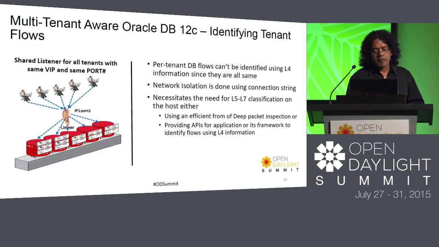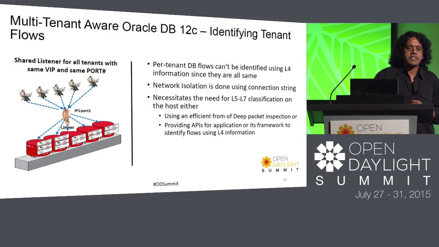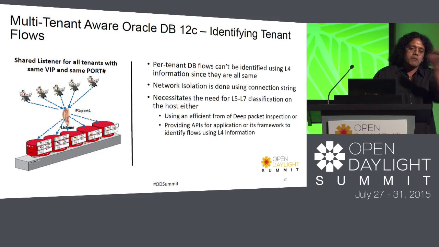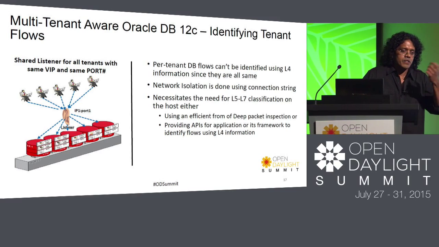flows, right? But the other way, which is what Girish was talking about, is that the application itself is multi-tenanted. It uses the same IP address and the same port, but behind it, it has multiple tenants. The way clients usually connect to it is they have something in the payload that identifies which tenant in the backend it's going to connect to.